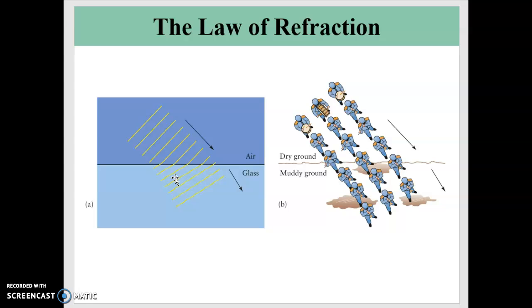Recall that there's an equation that relates speed, wavelength, and frequency: the speed of light equals the wavelength of an electromagnetic wave multiplied by its frequency. Since the frequency has to stay the same, if the speed goes down, the wavelength has to go down as well.